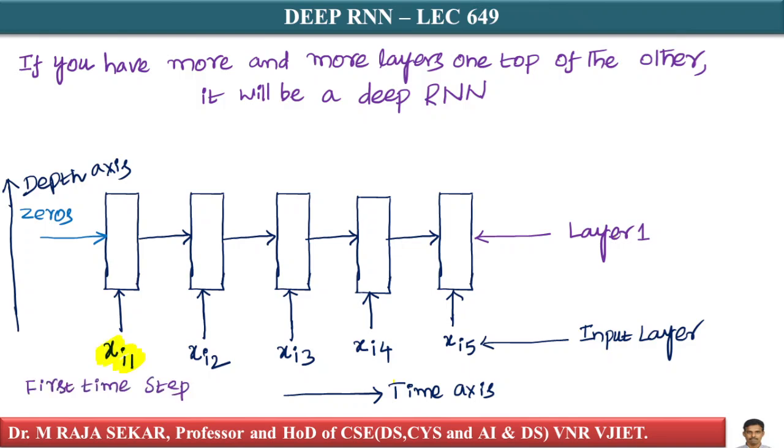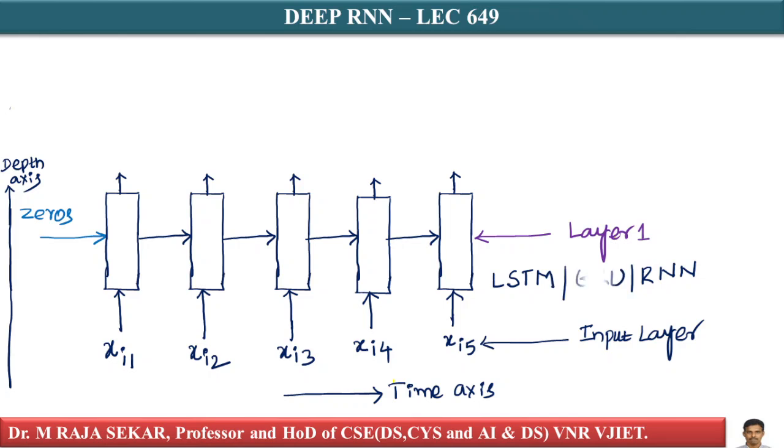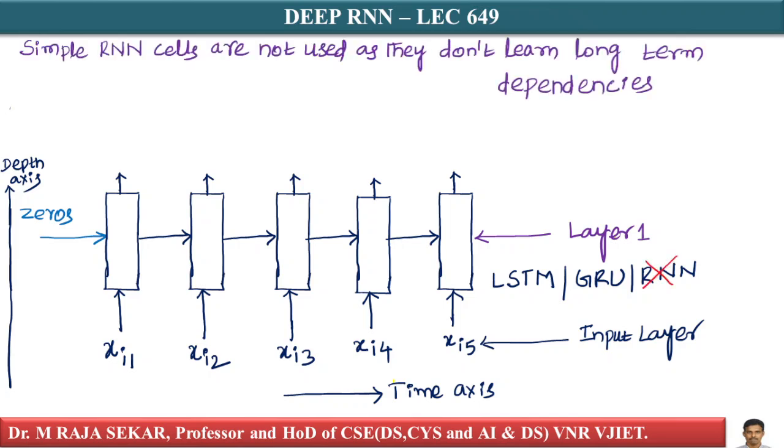These are time steps. At first time step you have xi1, at second time step you have xi2, third time step xi3, so on and so forth. Each of these cells are LSTMs or GRUs or RNN. Simple RNN cells are not used often as they don't learn long-term dependencies.